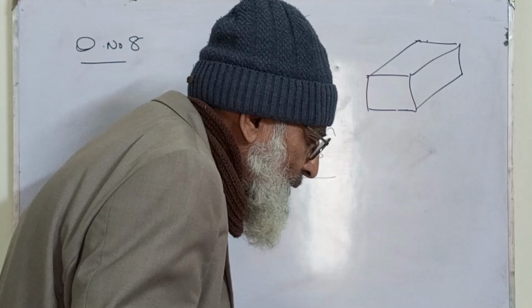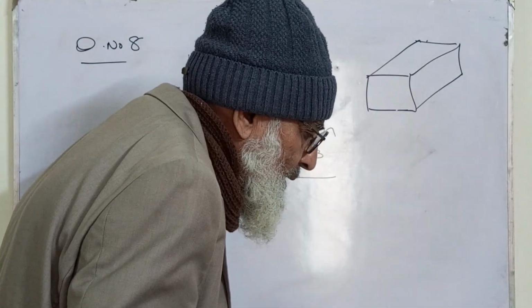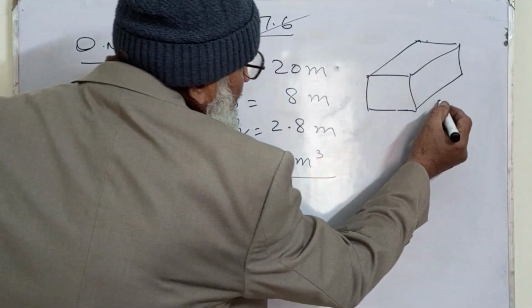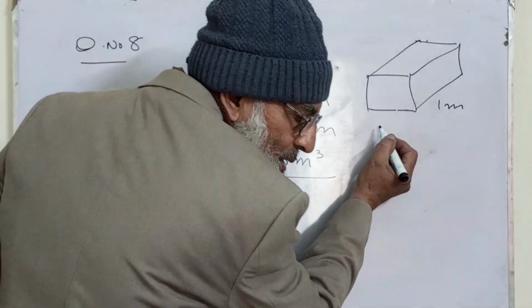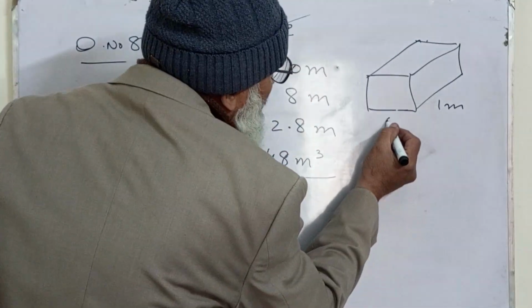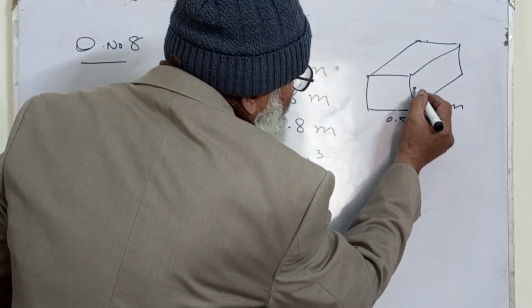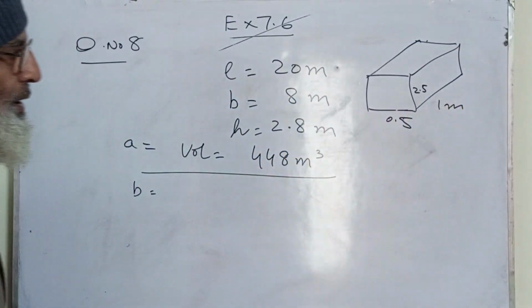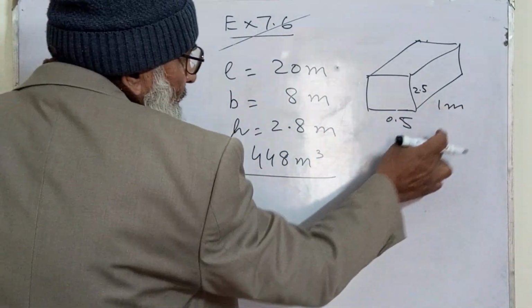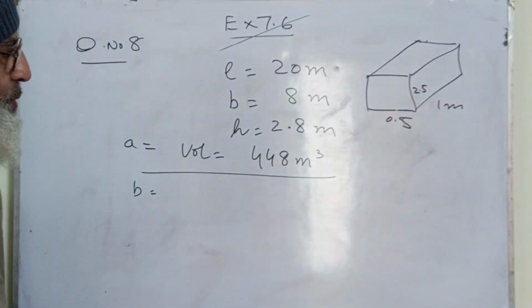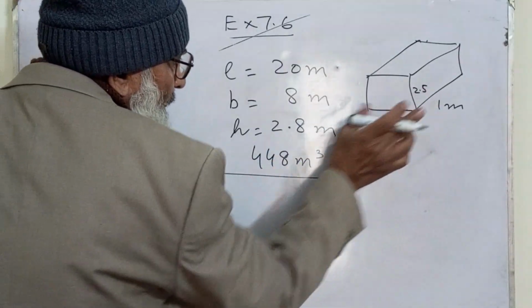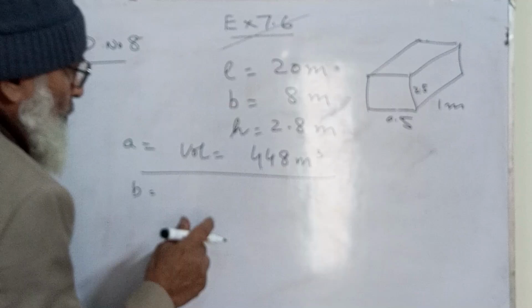What is given? 1 meter, 0.5 meter, and 2.5 meters. Now get the volume of this one box.